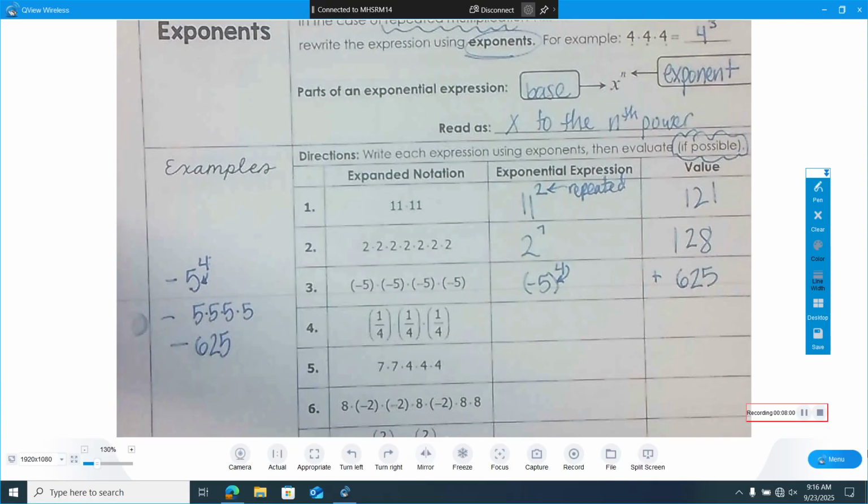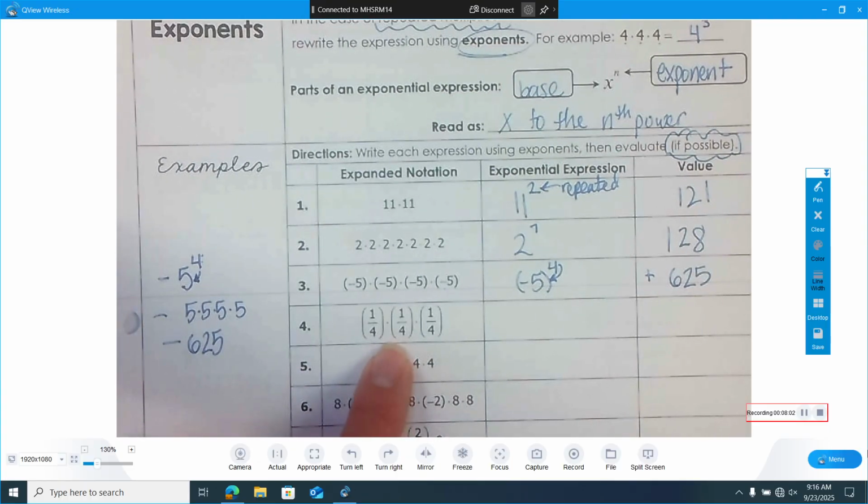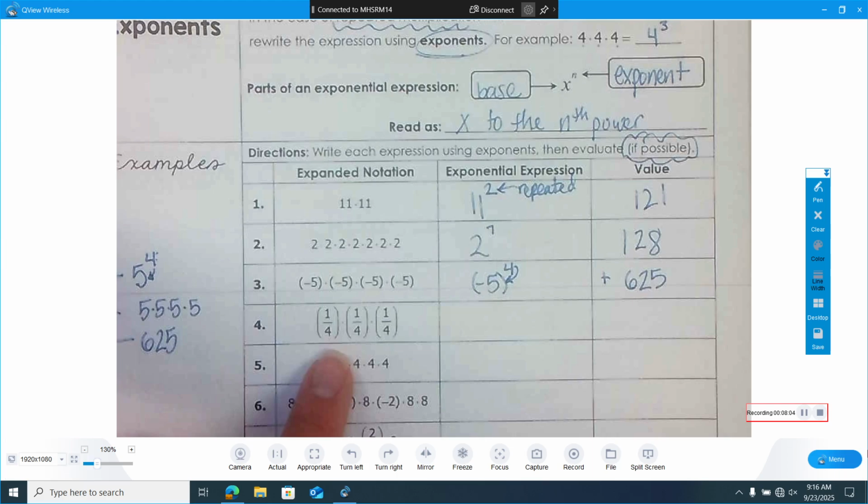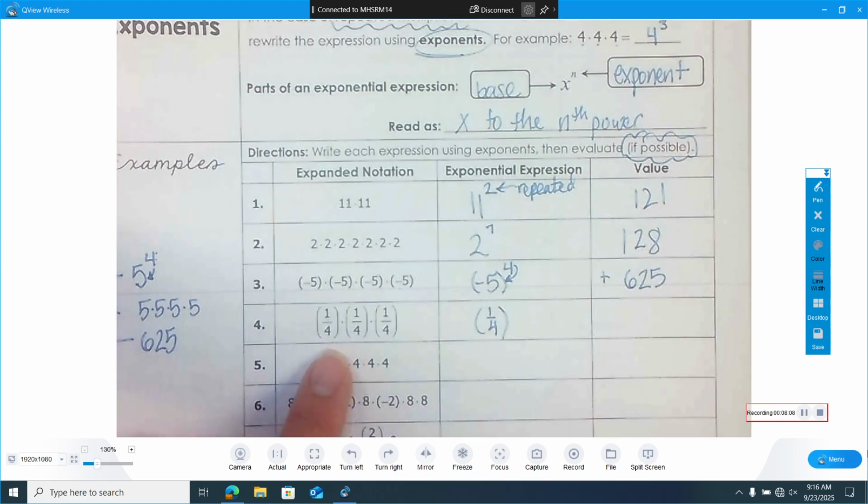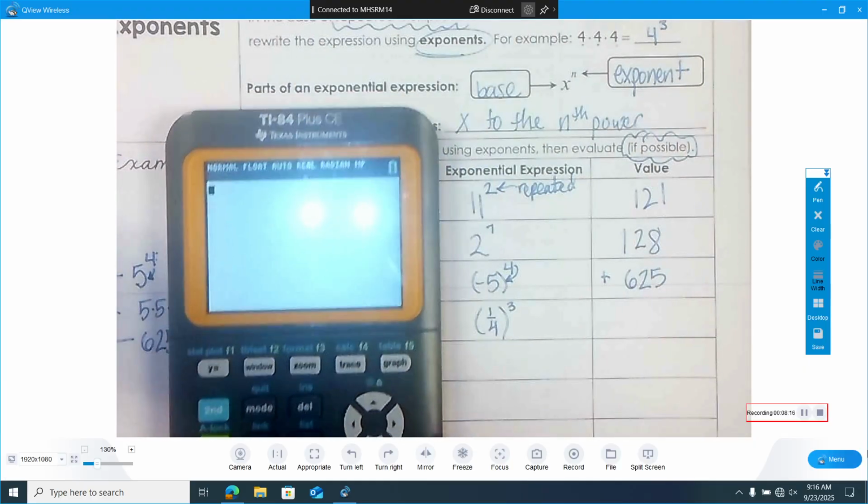Okay, excellent. All right, what is my base on number 4? 1/4. How many times is my base being repeated? 3 times. Good. And so we can put this in our calculator.